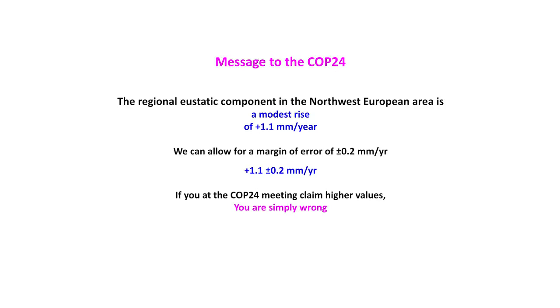That is the message to those who are going to talk in Poland next month. If you at the COP24 meeting claim higher values, you are simply wrong. And you shouldn't claim this because it's against science.